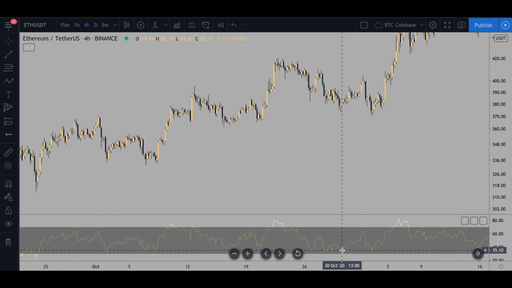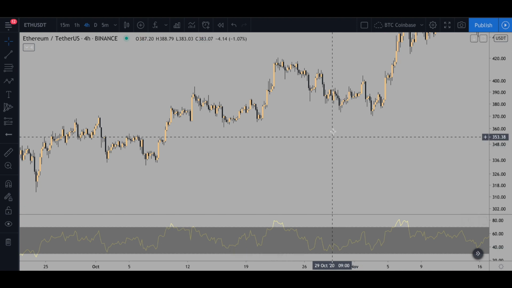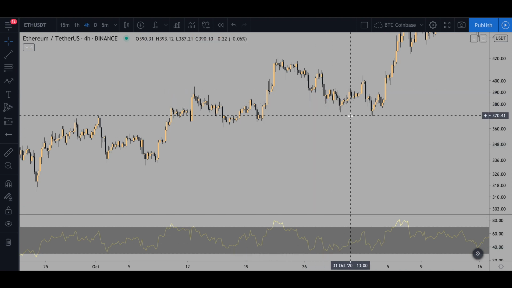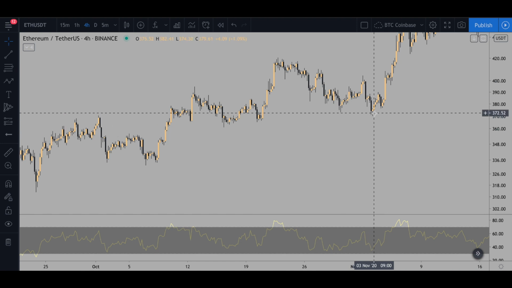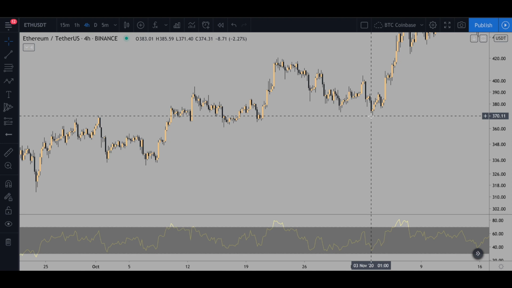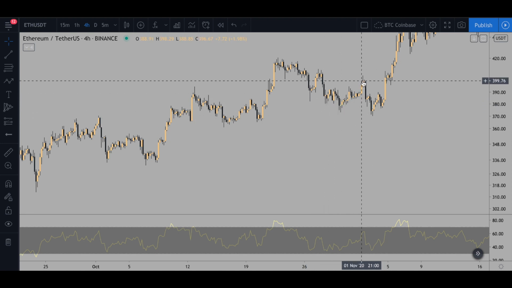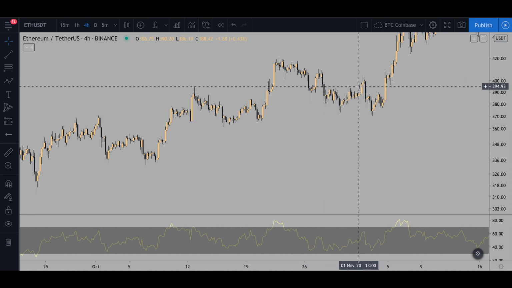This is another lower low on price and higher low on the RSI. Once again, it's a bullish divergence. Move up. We fell back down, but in general, we had a bullish divergence here, which could have made you money.